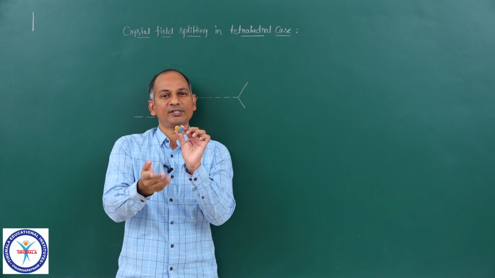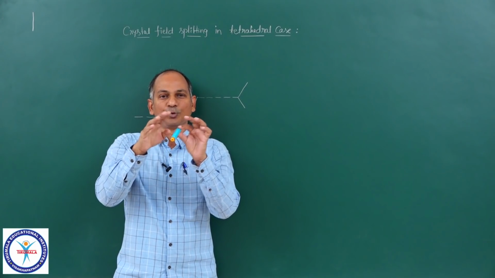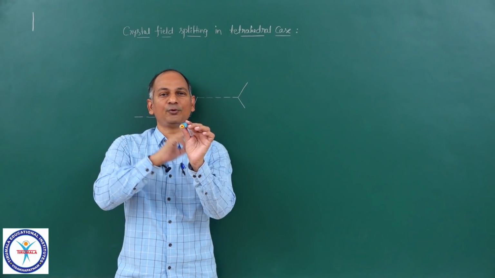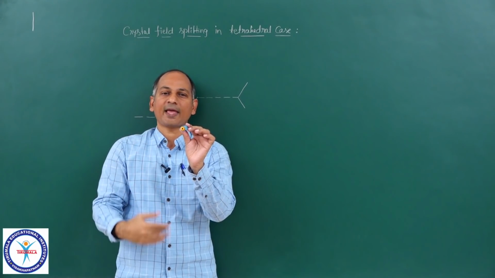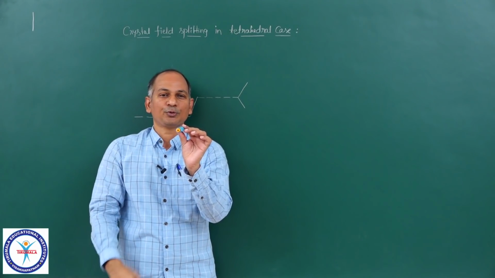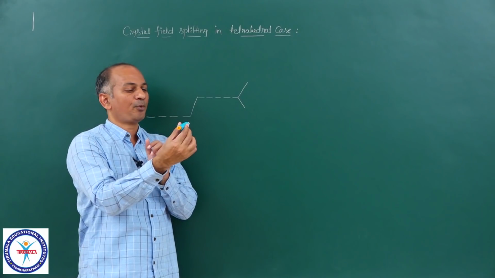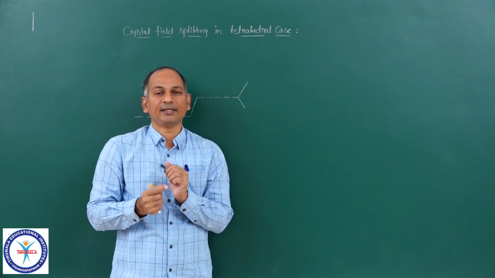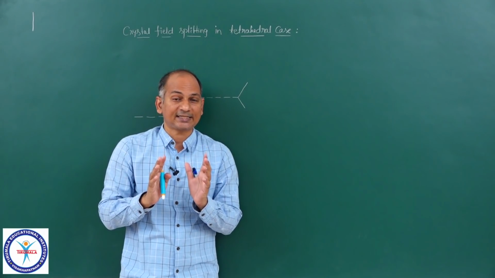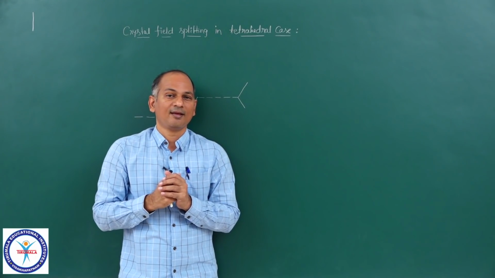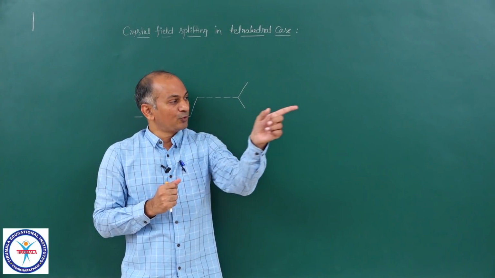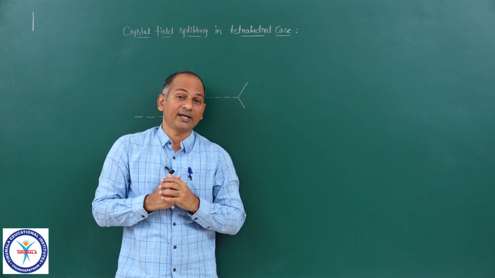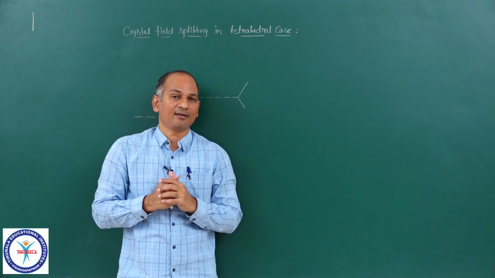Above and below is z, to your sides is y-axis, and in front of you and at the back is x-axis. So the lobe which is pointed towards this face center is the lobe of dx square minus y square. The lobe which is pointed towards that edge center is the lobe of the dxy orbital.